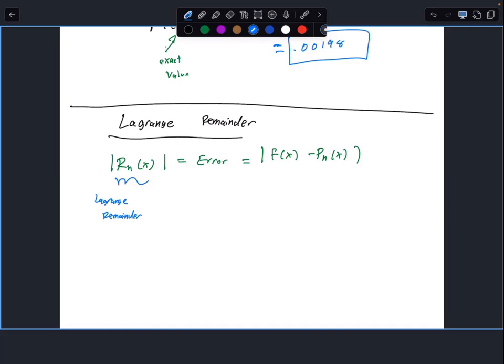So hold with me. If this is true, then Rn of x would equal f of x minus Pn of x, which means that f of x is equal to Pn of x plus Rn of x.